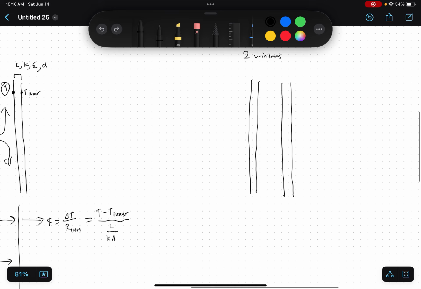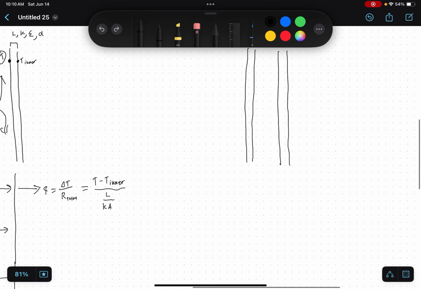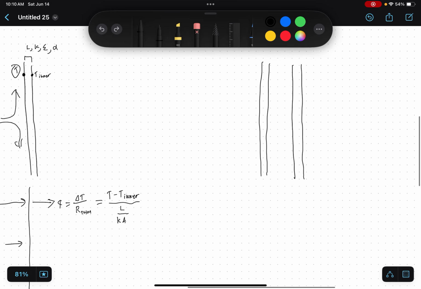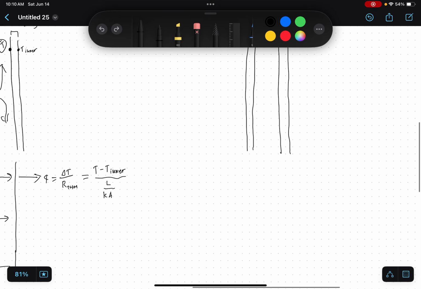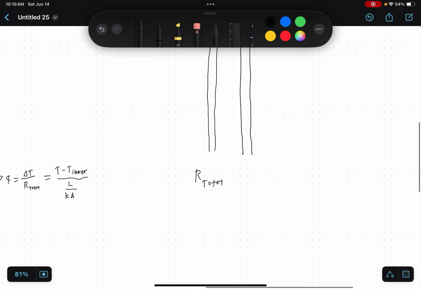But now, R total would change if we have multiple windows with an air gap. So what would that be? What's a good way to write this? Let's go with that.